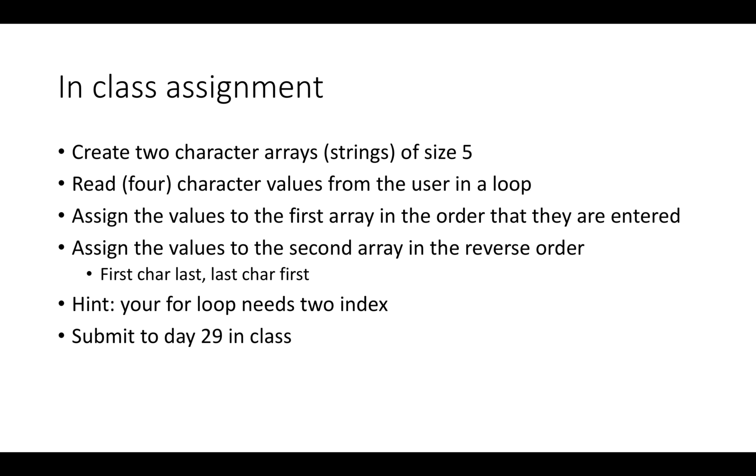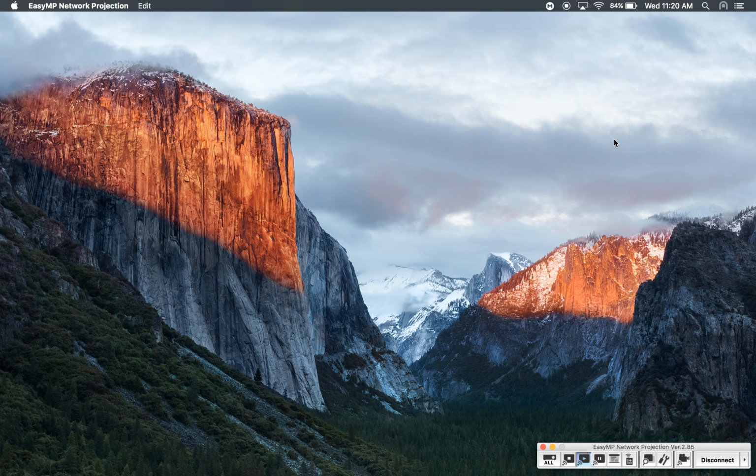Assign the values to the second array in reverse order, so the first character read goes last, and the last character goes first. Hint: the loop that you use should have 2 indexes, one starting at 0 and one starting at position 4. Then submit to day 29 in class. I'll do an example up on the board.